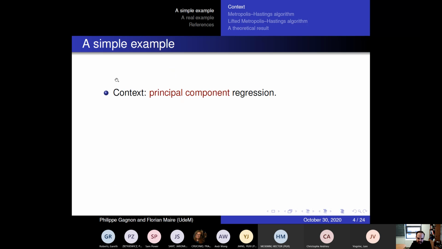So in this simple example, I will consider principal component regression. For the whole talk I will consider the context of variable selection. You will have only one thing to remember: variable selection. So here you have principal component regression. We are in a Bayesian statistics setting.